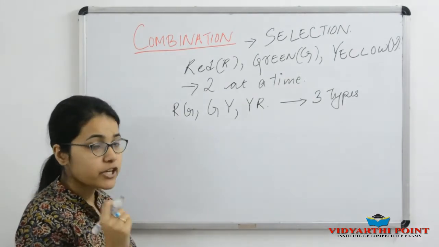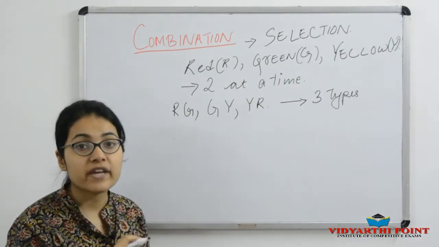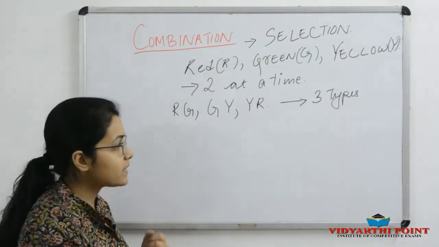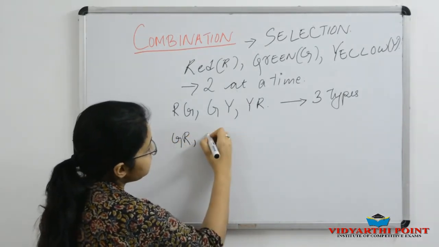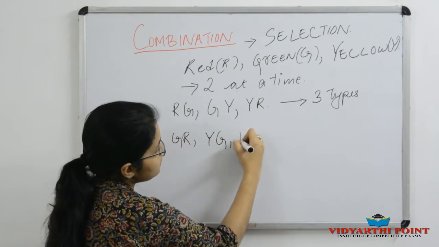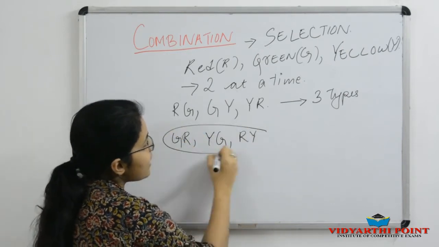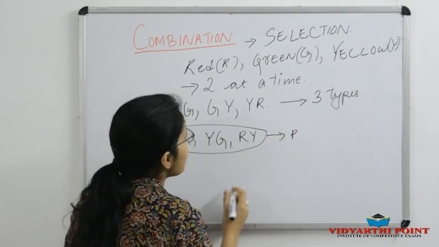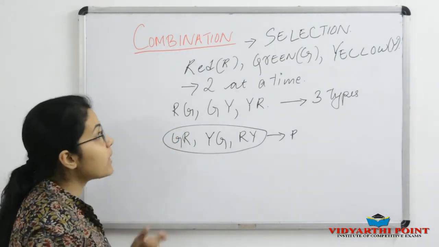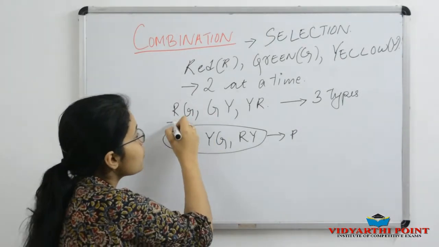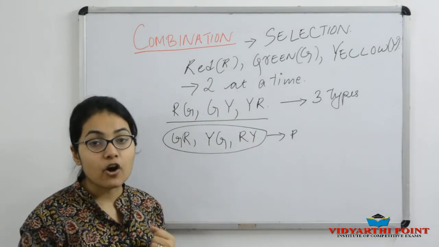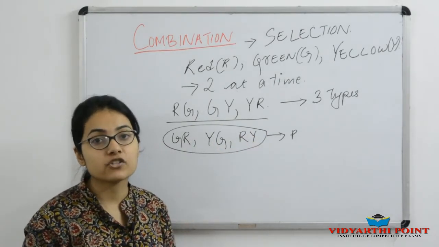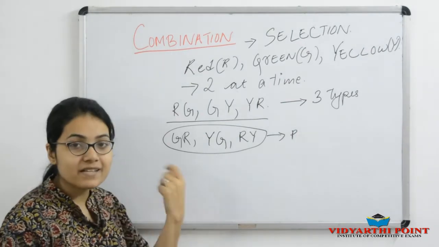Now in permutation there were 6 ways in which we can arrange, that is GR, YG, RY. These were also present in permutation along with these, but in combination we are only taking these 3 types. Why? Because in combination the order is not important, only the selection is important.